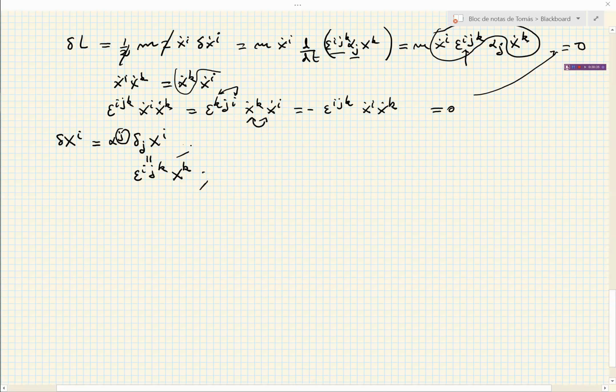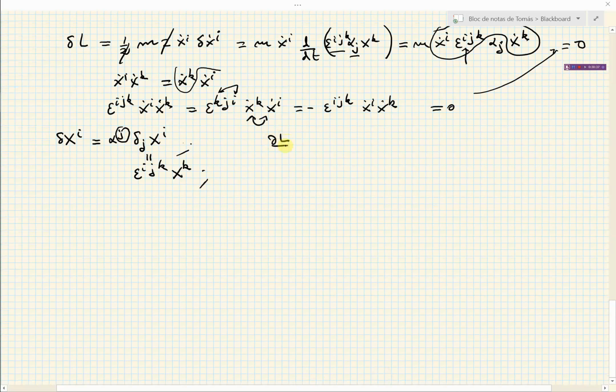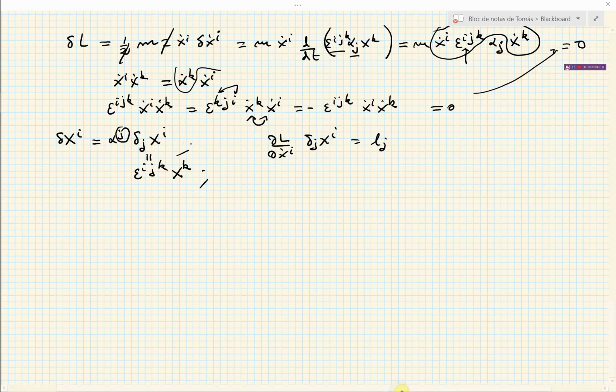And then I know that there is a conserved quantity of this form that I call Pj. More precisely, I should call it Lj, because I know that it's going to be the angular momentum, that customarily is called Lj. This would be the three components of the angular momentum, and they are like this.